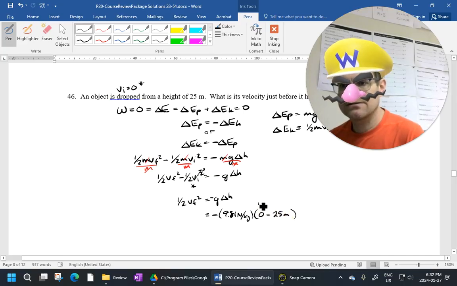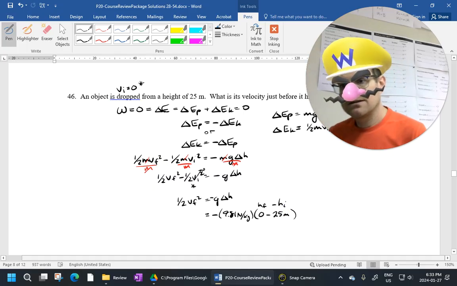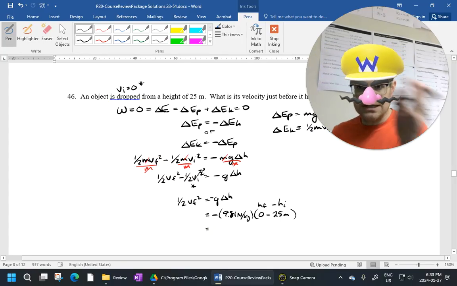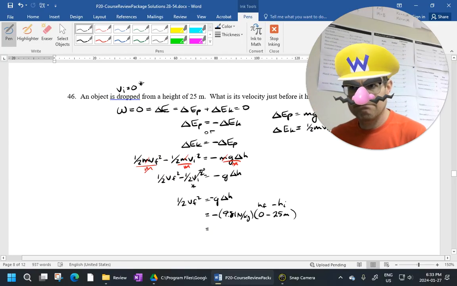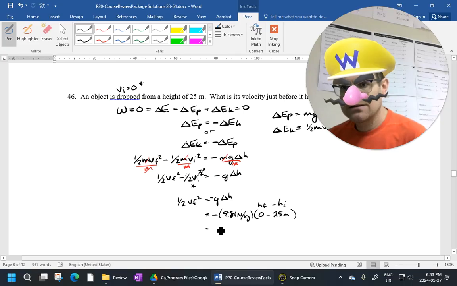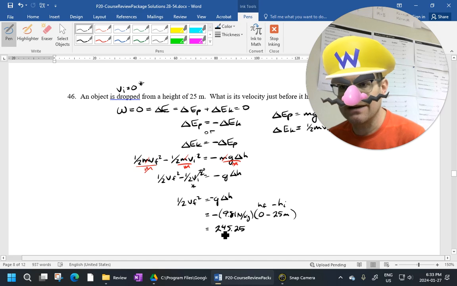Final minus initial, assuming I'm measuring from the ground up. I'm going to have two negatives here. So the change in the potential, sans the mass, is going to be 245.25. The units are a bit messed up here because we're missing the mass, but that's fine. This is just what the number side looks like. It's positive now, which is nice.